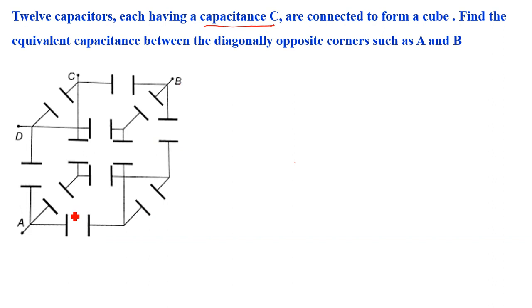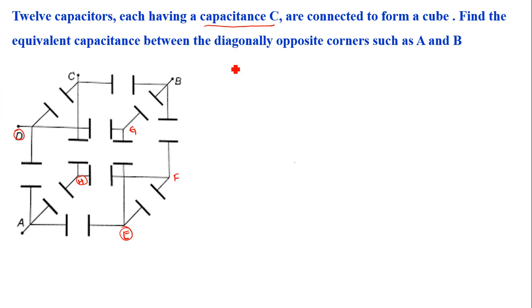Now let us name these corners. He has given C and D here already. Let us name E here, F here, G here and H here. So all the corners are named just for our convenience. Now if you look at these points, E, H and D are just one capacitor away from point A. Since they are one capacitor away, D, H, E will be at the same potential.